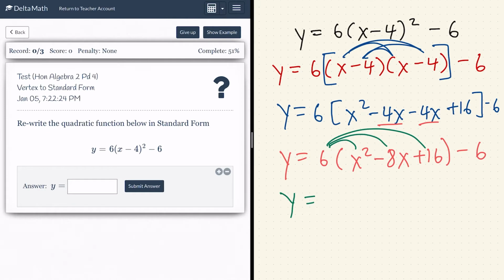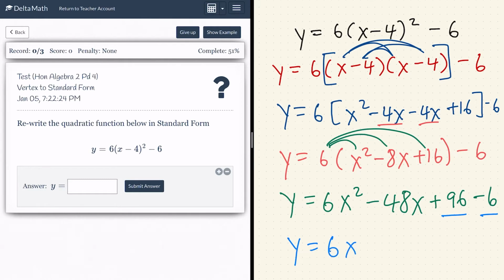So y is equal to 6x squared, then minus 48x, and 6 times 16, that will give us 96, minus 6. Then we just combine like terms. Sorry, not coefficients, constants.